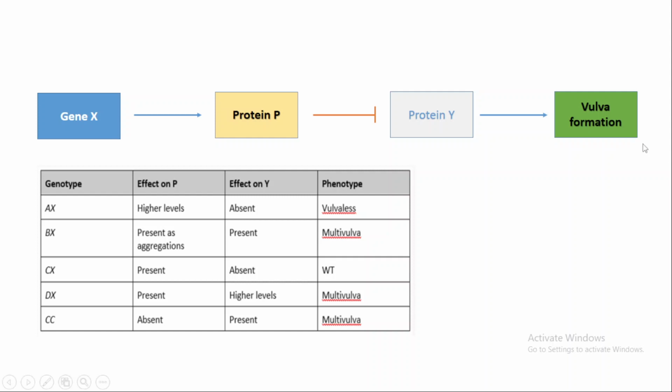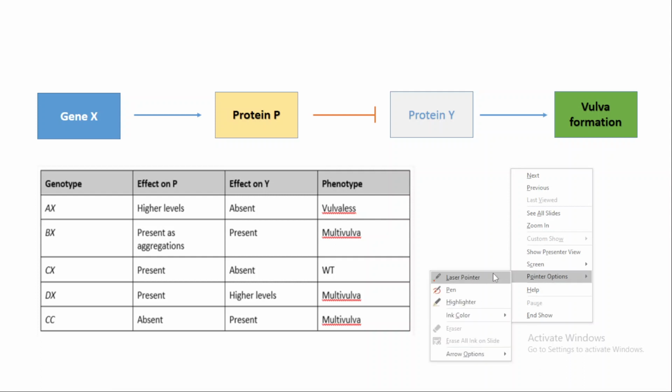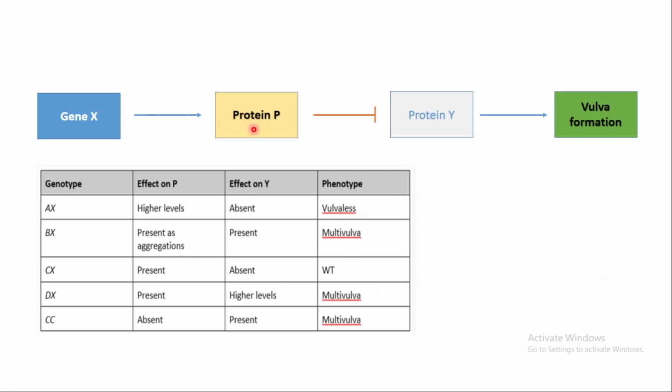I have drawn it out, the question for you guys. Right, gene X to protein P. Protein P is inhibiting or suppressing the production of protein Y, which is leading to vulva formation.